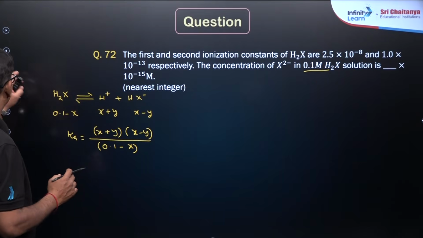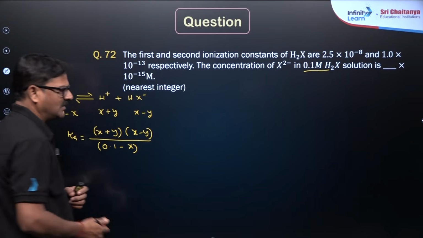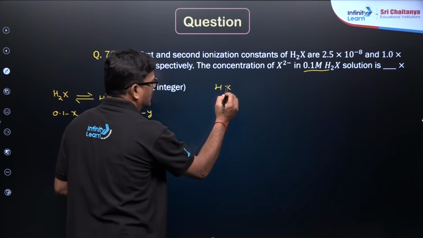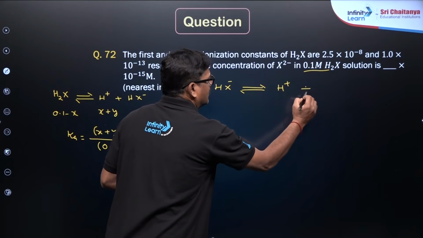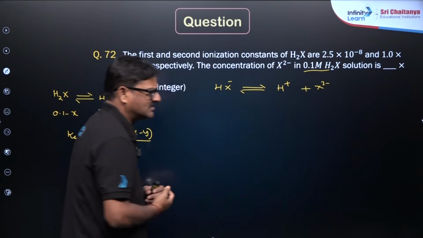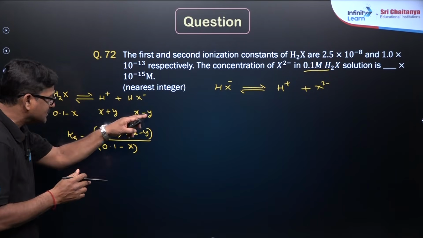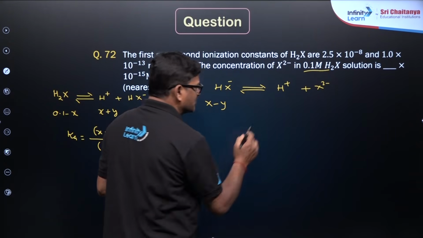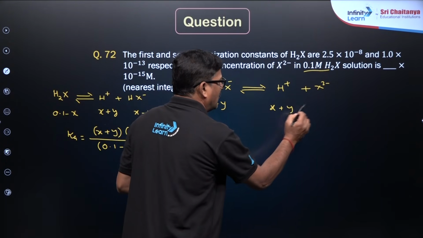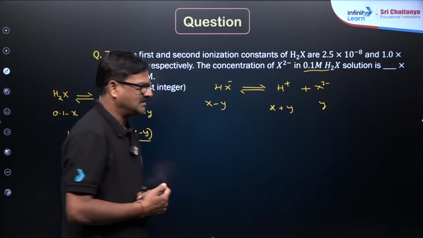If you take the second ionization here, HX minus gives rise to H plus and X2 minus. In this case, x minus y is there initially. It is going to give rise to x plus y and y.